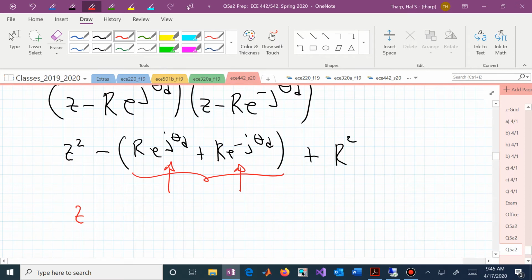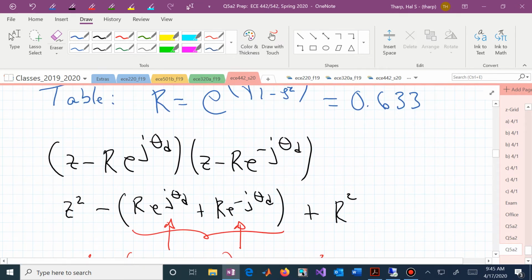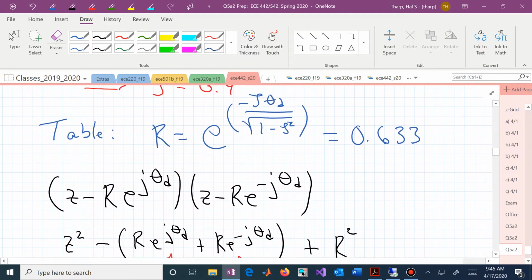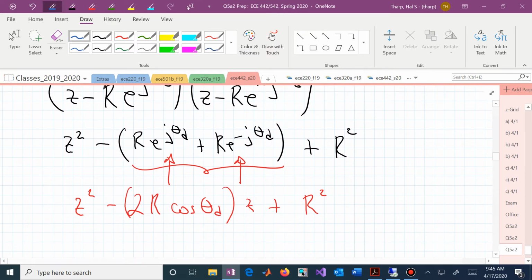So you now have z squared minus 2r cosine theta sub d, that's just some coefficient, z plus r squared. We just calculated r to be 0.633. You square that, and hopefully you end up with 0.4. So now you're looking at your denominator polynomials in the answer and trying to find one that might have a 0.4 for its constant.